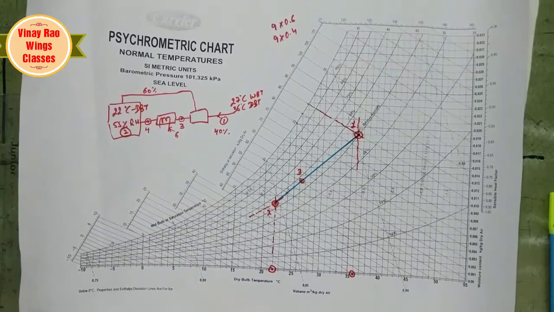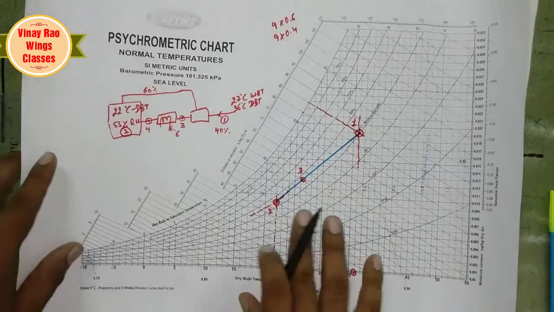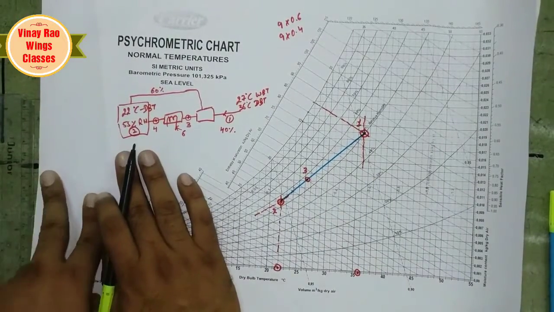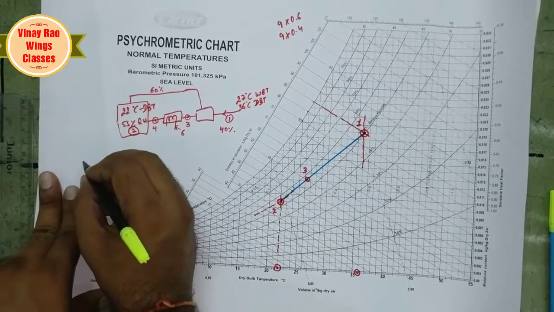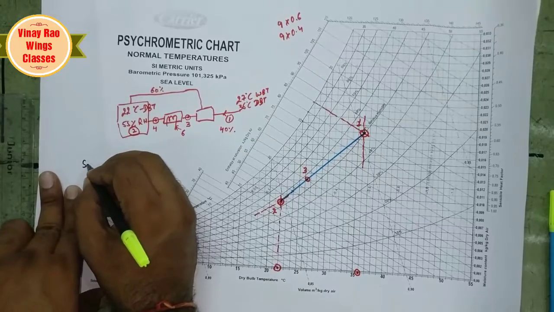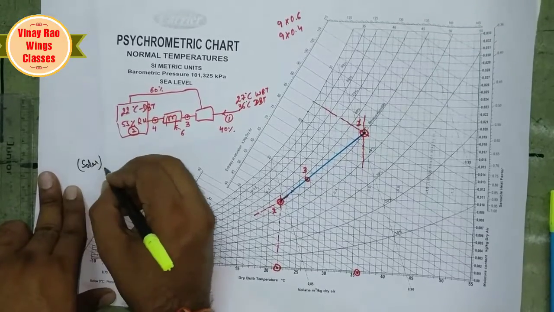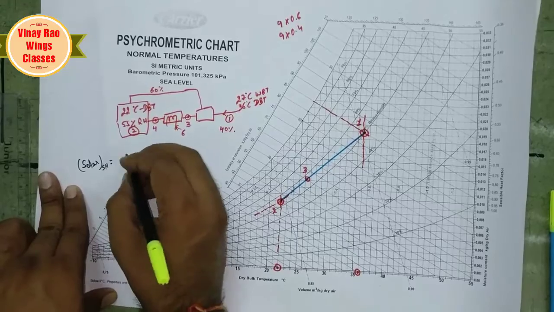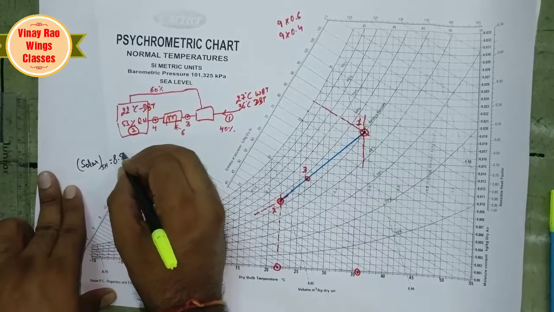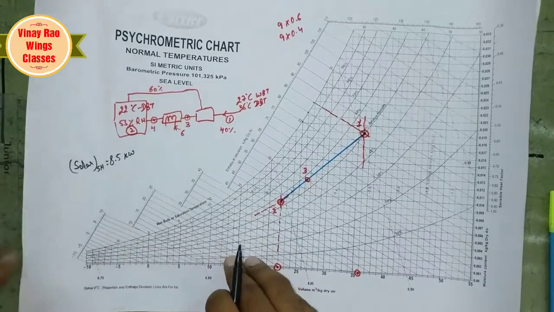After this we have to find out the other parameters. I will write them down here. The solar heat gain, a sensible heat gain, is 8.5 kilowatt, which is given in the numerical.